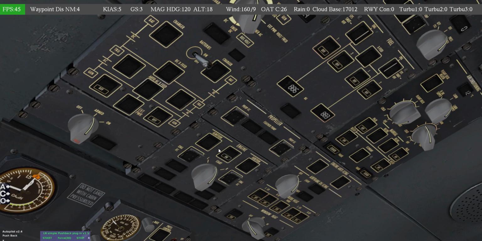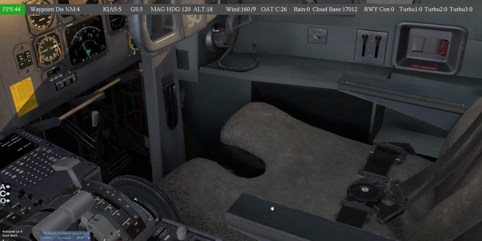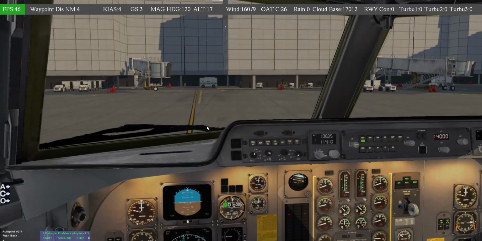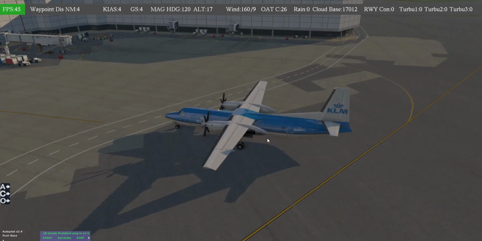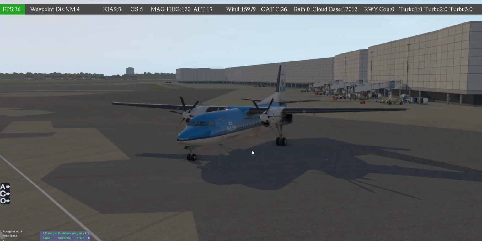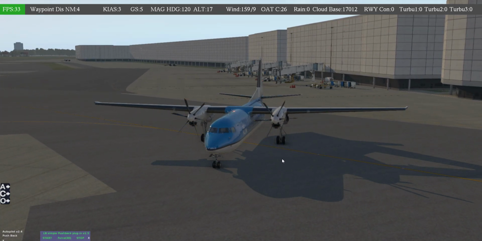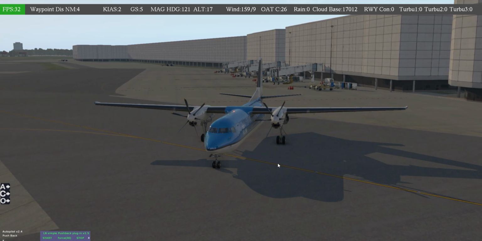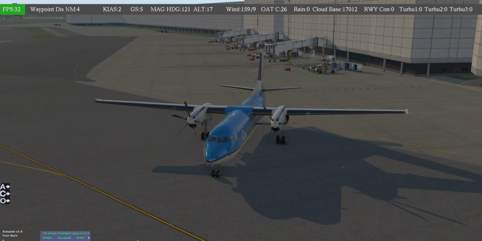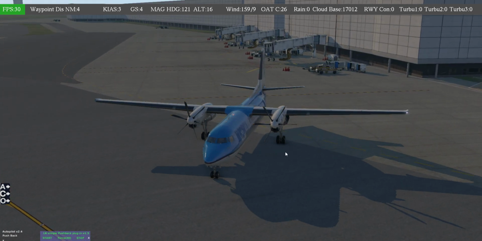I can set for starting the right-hand engine. However, this is not allowed in reality. So quite unrealistic. There we go.